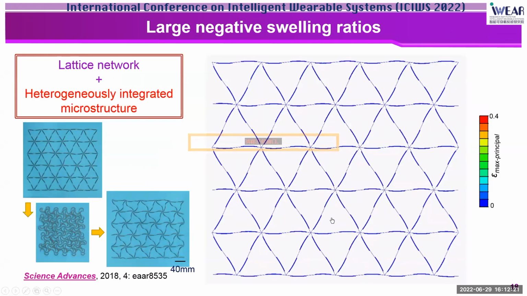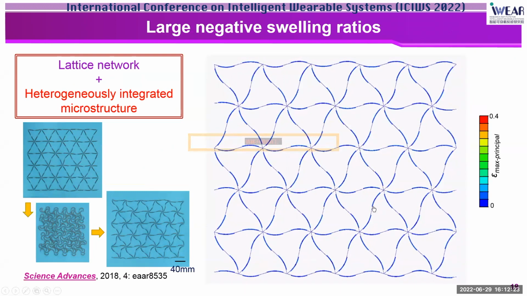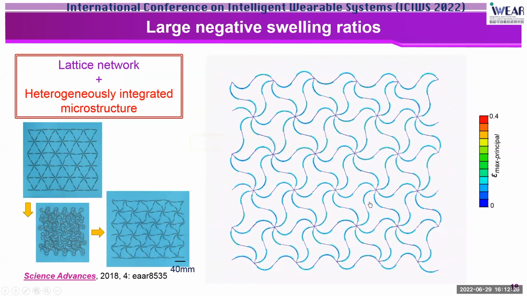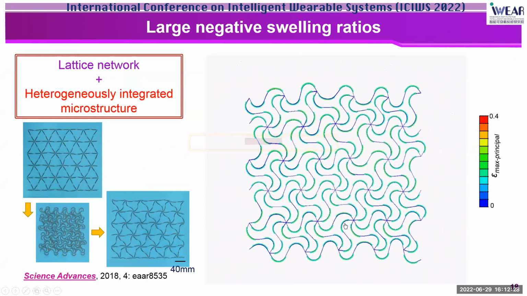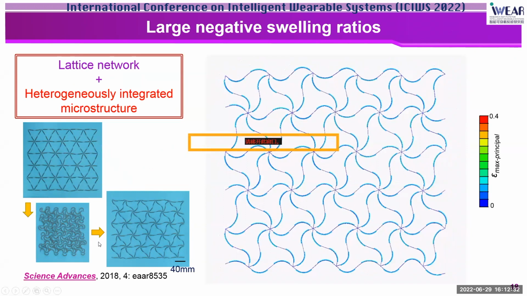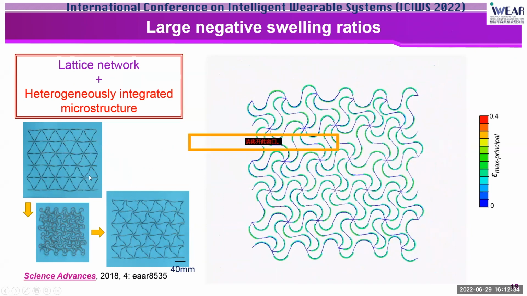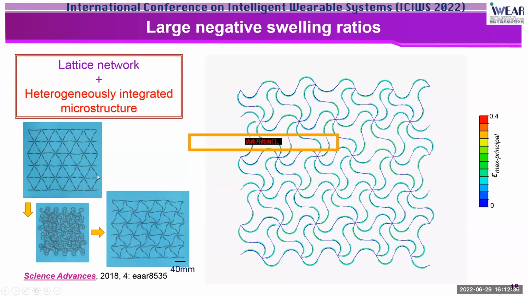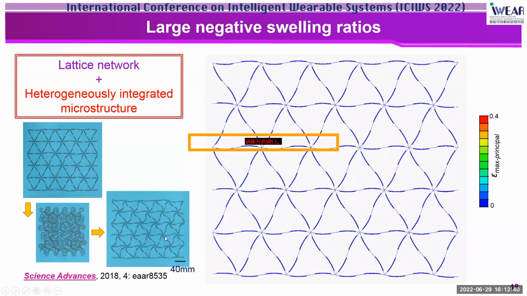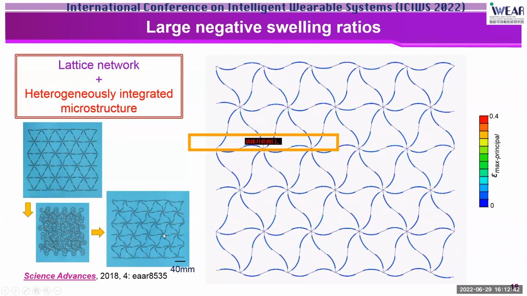Okay, this slide shows the simulated deformation process during the water absorption and the dehydration process. And the deformed configuration agrees very well with the optical images in experiments. If you calculate the value of linear strain, you will see this design can achieve a linear swelling ratio up to around 50%.